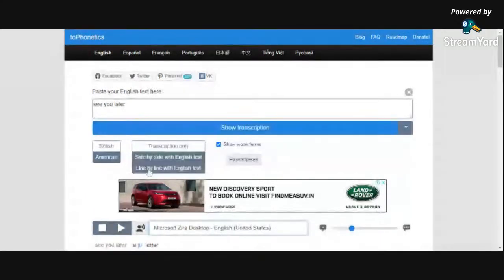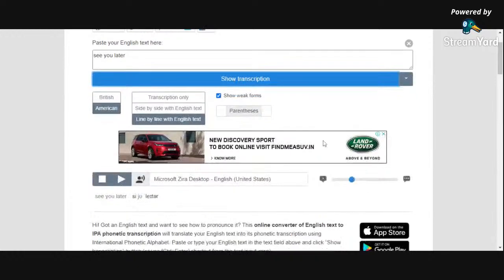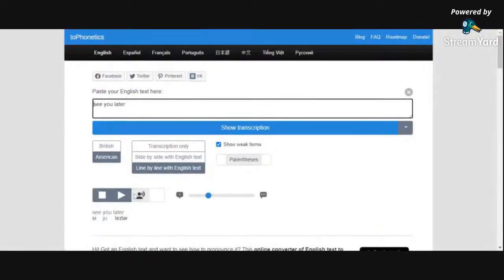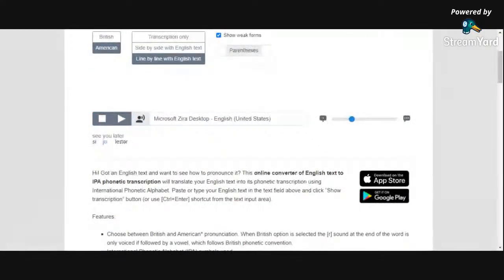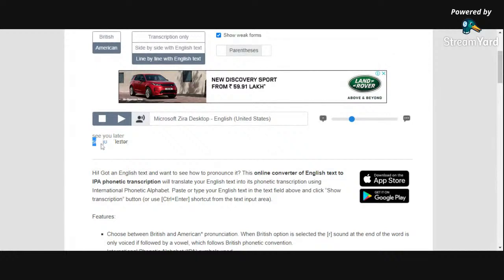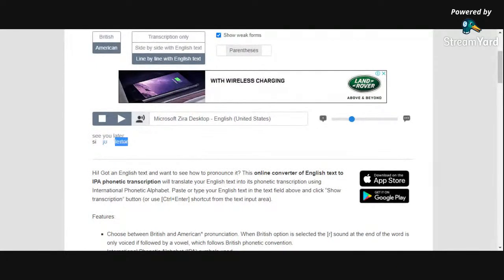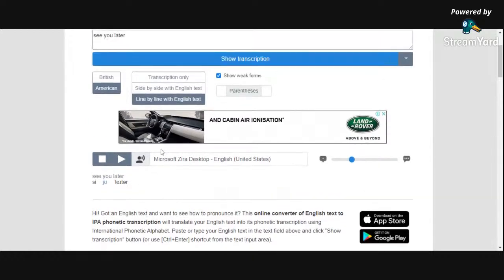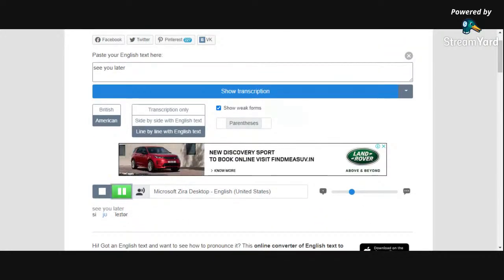And I choose the third option, line by line with English text. Show transcription. See the symbol. You becomes the U symbol. Later. See you later. Or some letters remain silent.